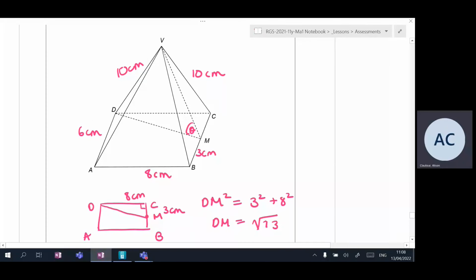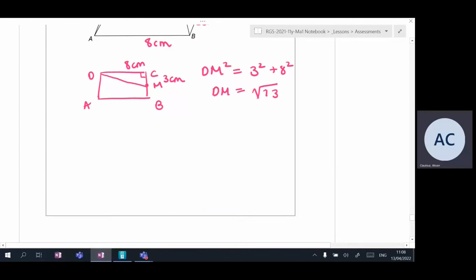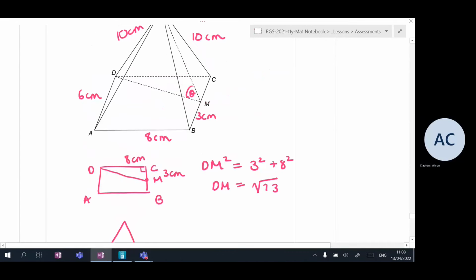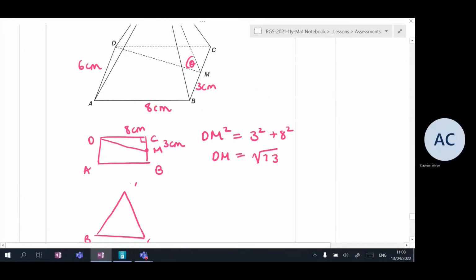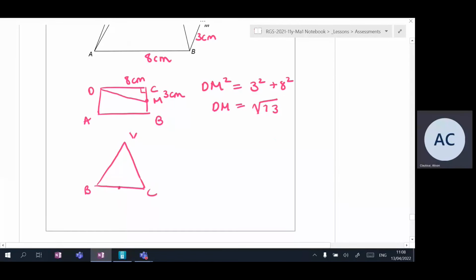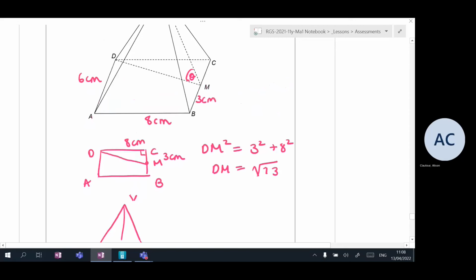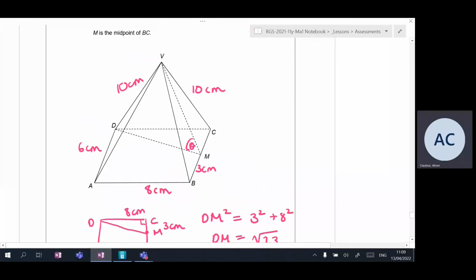The next one we want to think about is V to M. So I'm just going to draw out the triangle VBC. Imagine again you're looking at it in 2D, looking straight on at it. So you've got M in the middle here, and VM goes right down the middle.